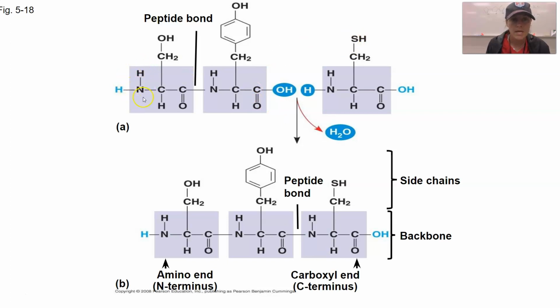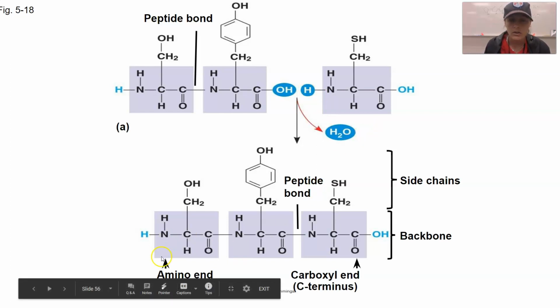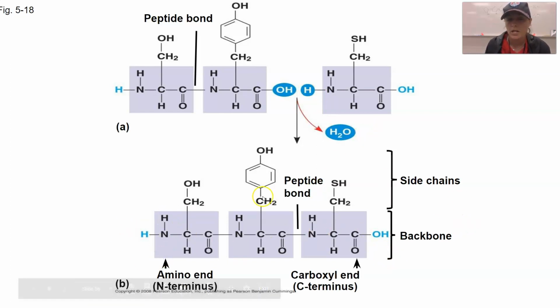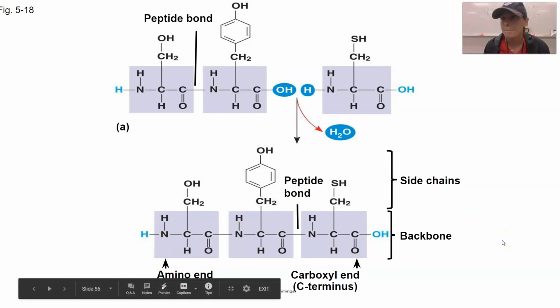We have our amino, our carboxyl, our amino, our carboxyl. These are the R groups. You can see different types of R groups that are binding. And when we're ready to add on another one, we pull out an OH and an H, making that H2O removed, dehydration synthesis. And now we have an amino end and a carboxyl end on a much larger protein, all made up of amino acids.